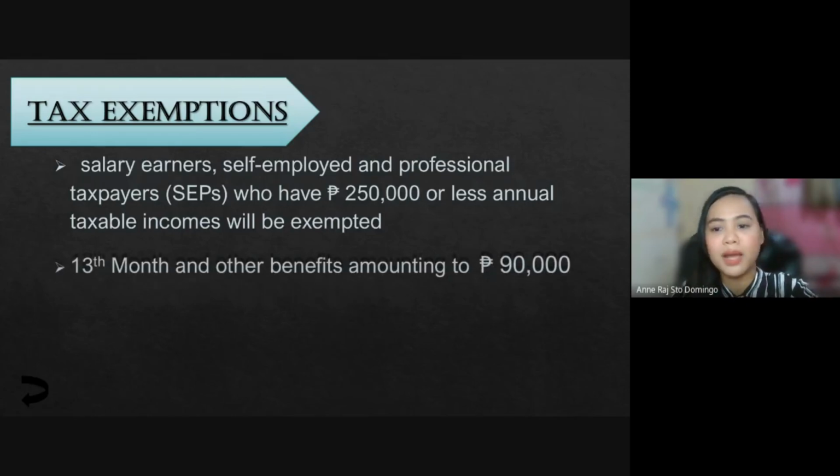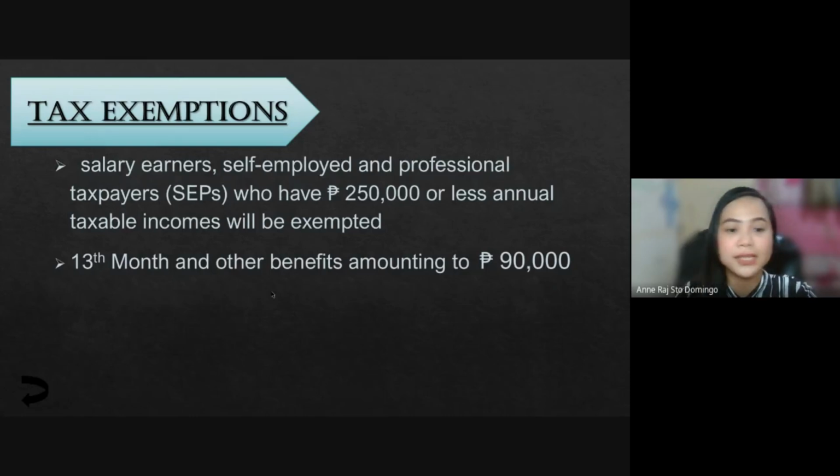And also, mga exempt sa tax, yung 13th month and other benefits, yung mga de minimis benefits natin. Kapag pinagsama-sama mo yung mga amount na yon at umabot ng 90,000 or less, ayan ay exempted sa tax. Ibig sabihin, walang tax na babayaran.